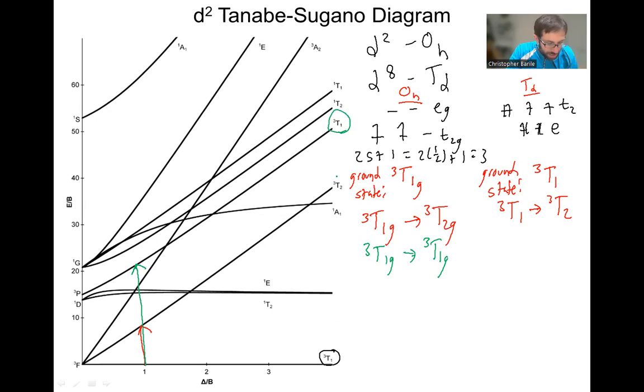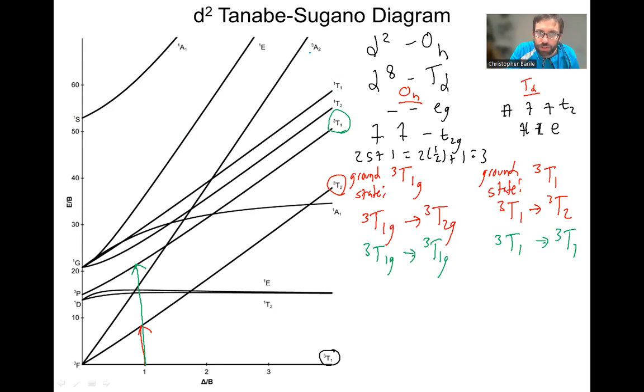So that's this guy, and just to keep our color scheme, this was the triplet T2. These are two different states, even though they have the same Mulliken symbols. It can get confusing. They just happen to have the same symmetry. For tetrahedral, we just drop the g's, so it's going to be the same thing here, but just triplet T1 to triplet T1.